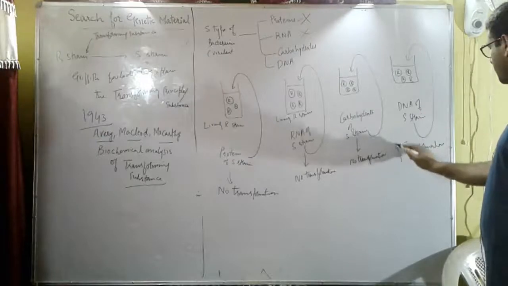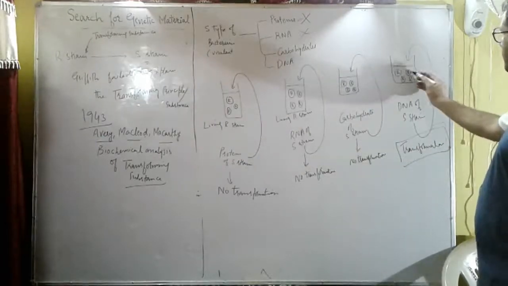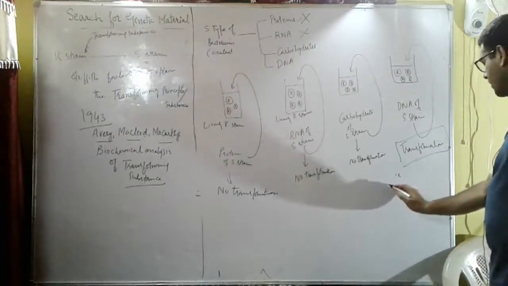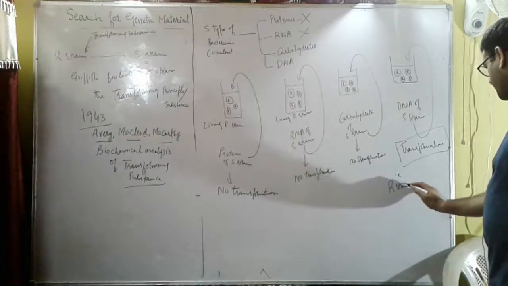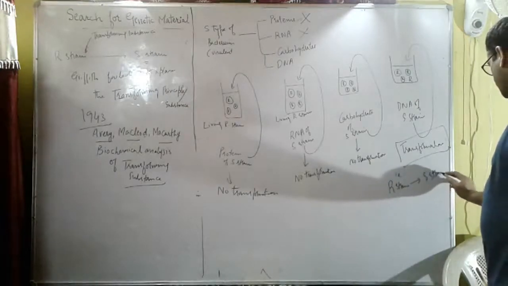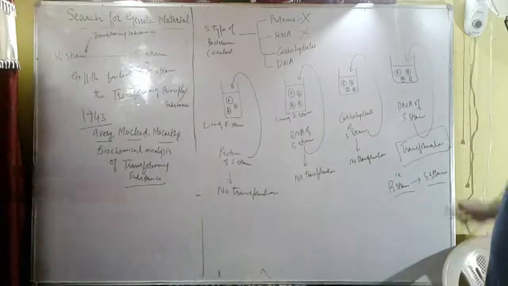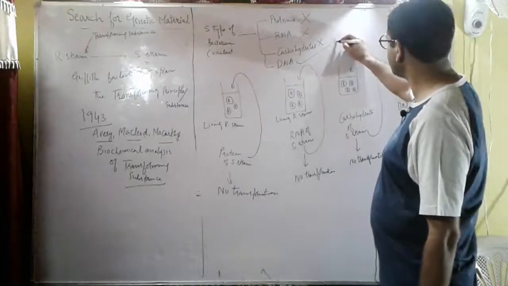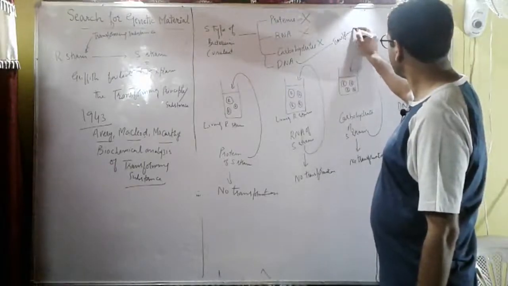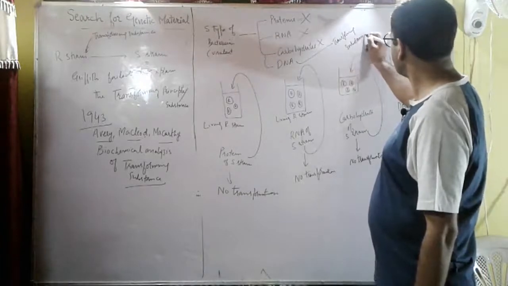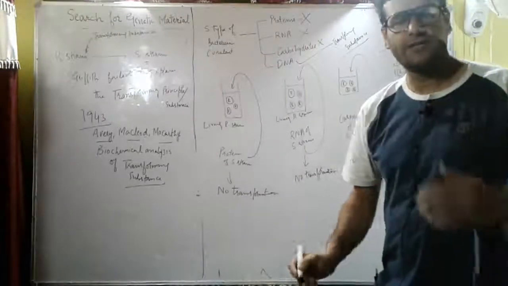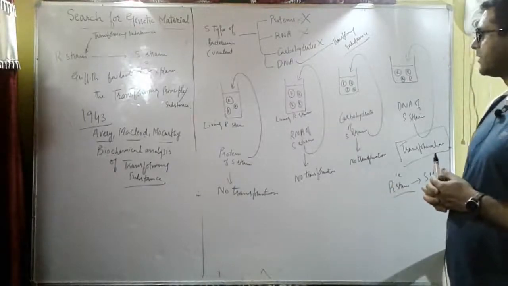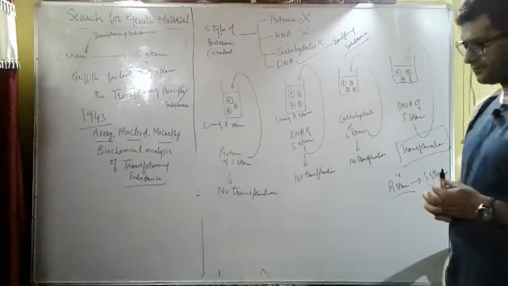That means this changed the R strain of bacterium into the S strain. So we can say that DNA is the transforming substance. It is the DNA which has transformed the living R type of bacterium into the S type of bacterium.